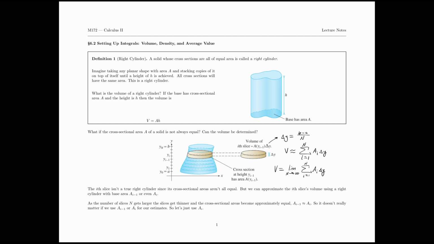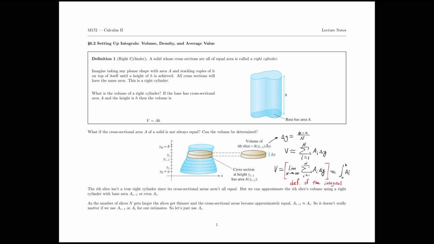Well, this right here, in brackets with red, is just the definition of the integral from Calc 1. It's a Riemann sum. So this would essentially be the integral from a to b of the cross-sectional area.